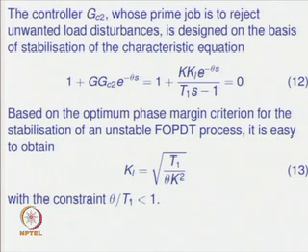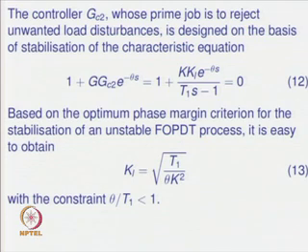It is not difficult to obtain this expression 13. So, based on the optimum phase margin criterion for the stabilization of an unstable first order plus dead time process, we obtain the parameter of the controller GC2.